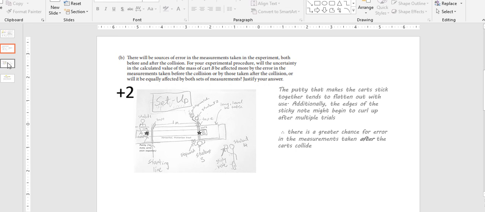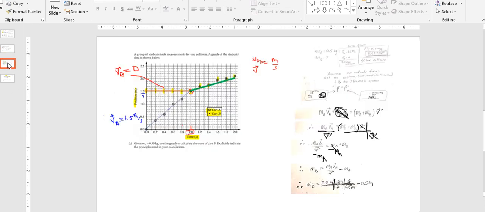All right, so for the graph one, this is where you have the most points. This is where you have the most going on. You get a point for recognizing that 2 different things happen here. So for a best fit line here, or some kind of indication that you looked for slope before the collision of card A, and some kind of indication that you did best fit line or slope after.